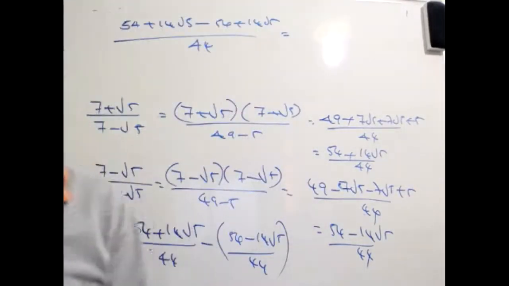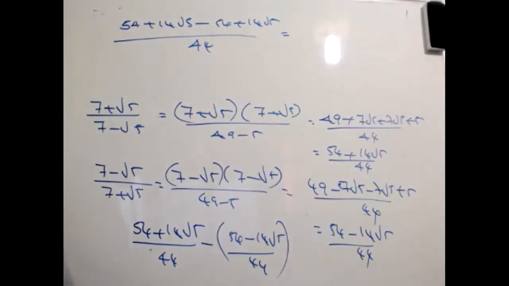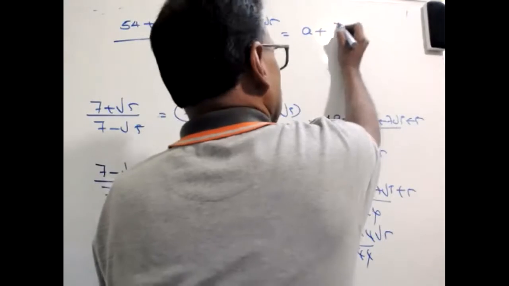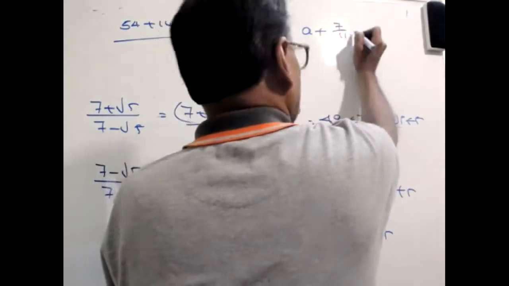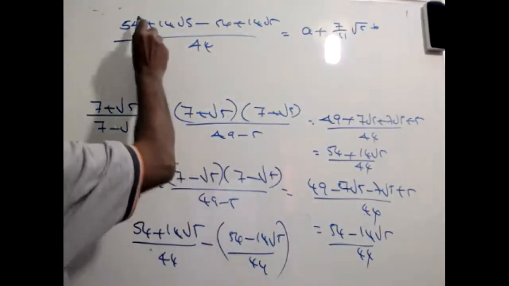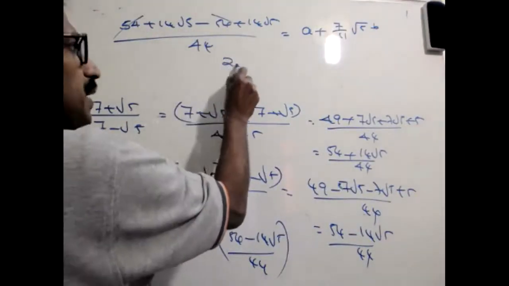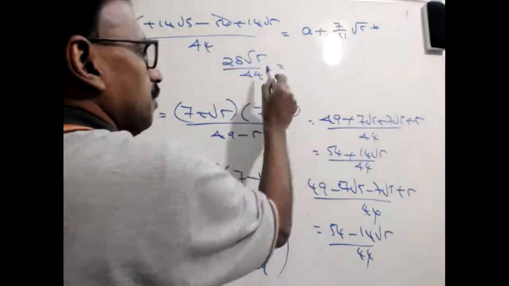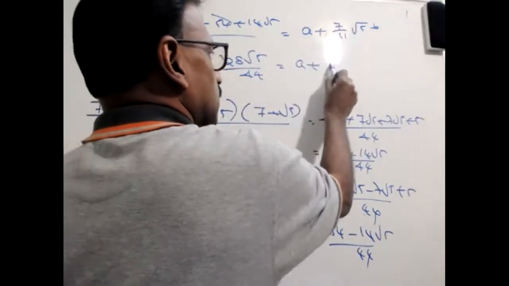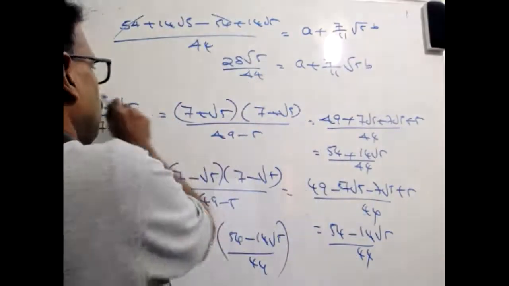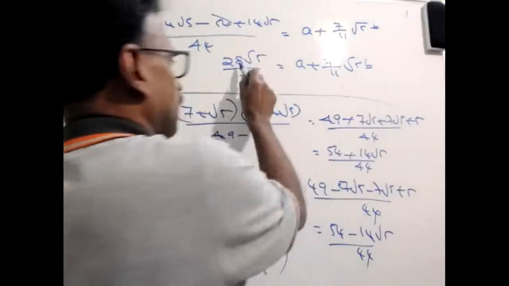Our question is what? A plus 7 by 11 root 5 B. Okay, this is cancelled. 28 root 5 divided by 44 equal to A plus 7 by 11 root 5 B. Okay, we can cancel this one.